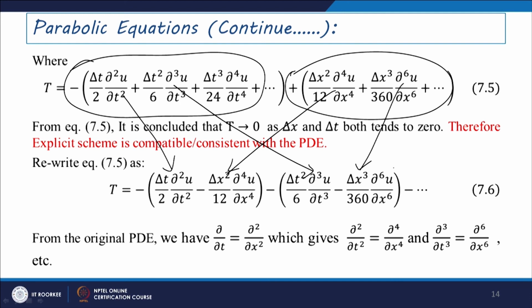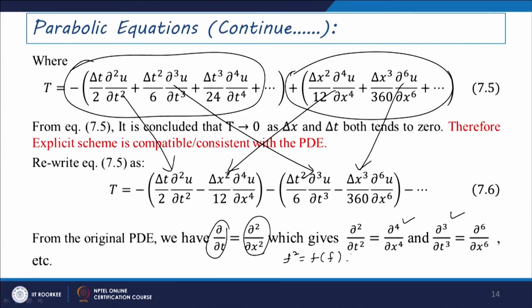From this original partial differential equation, we have del by del t, since these operators can be written in equal form, since it is operated on the variable there, which gives del square by del t square as del to the power 4 by del x to the power 4, and del cube by del t cube is giving you del to the power 6 by del x to the power 6. Since these are operators, we can write f square equals f into f there. So that is why we have represented it in this form.